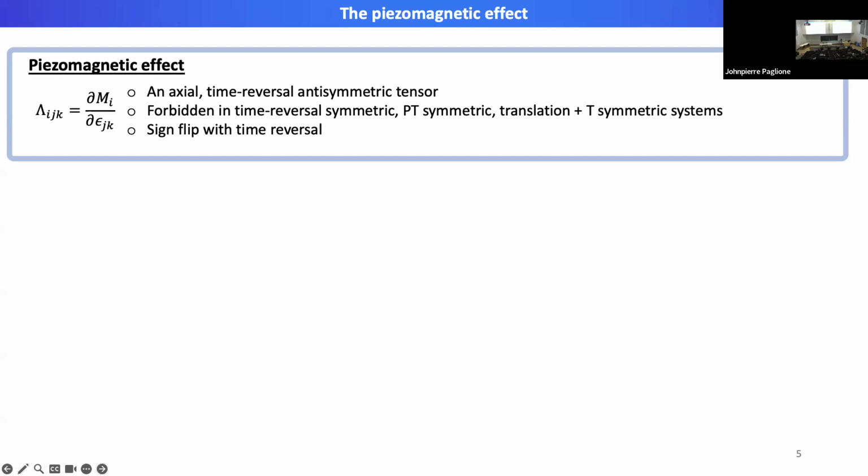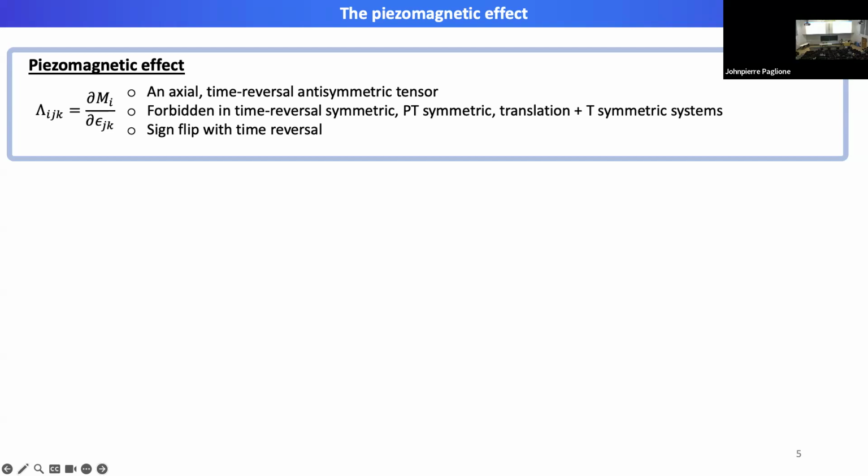Okay. So this piezomagnetic effect is a third-rank tensor, and in terms of its property under time reversal symmetry, it really inherits from the numerator, which is the magnetization. So therefore, the tensor itself is an axial and time reversal odd tensor. In other words, the piezomagnetic effect would be forbidden if the system has time reversal symmetry.